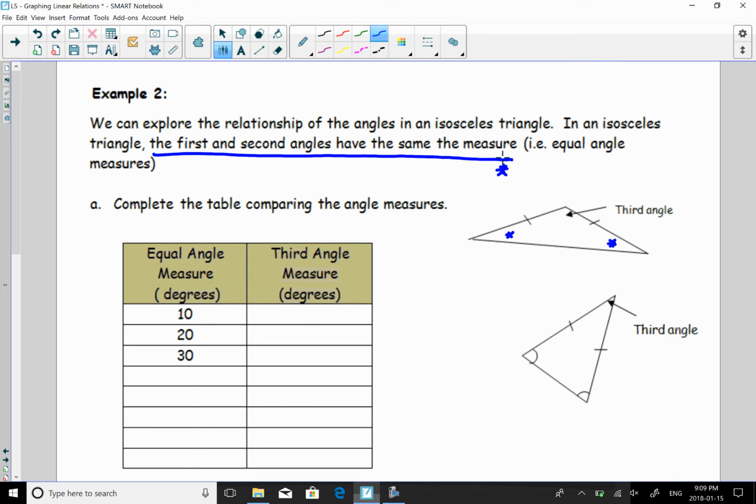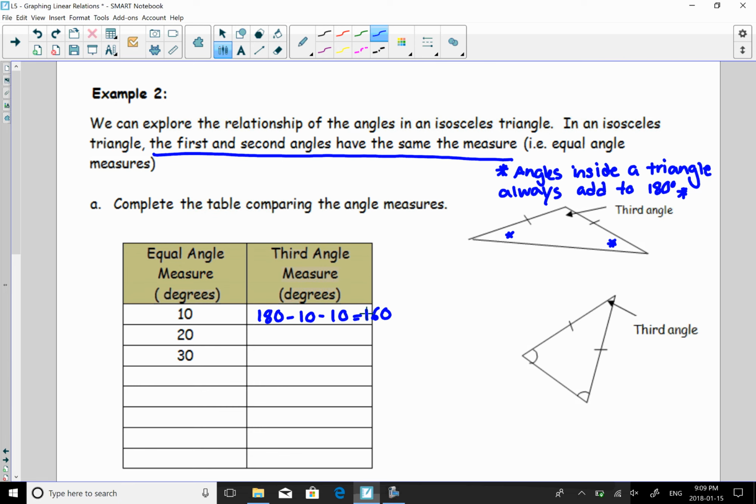Again, recall angles inside a triangle always add up to 180. So we have 180, subtract 10 to get the third angle. You get 160.